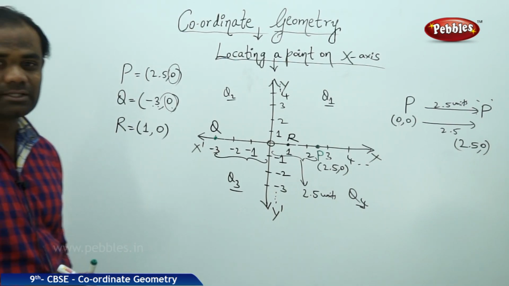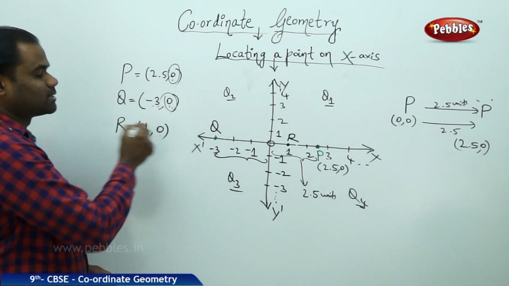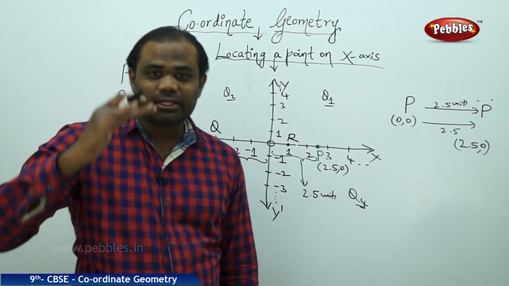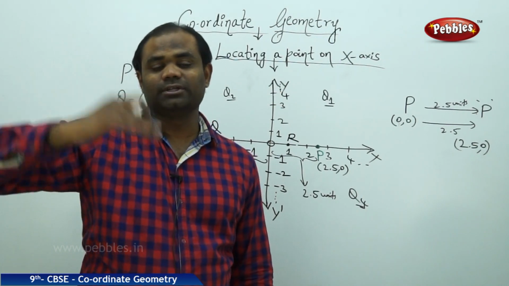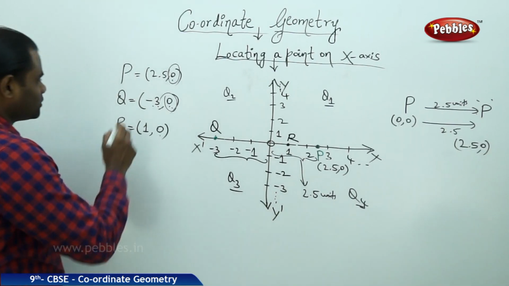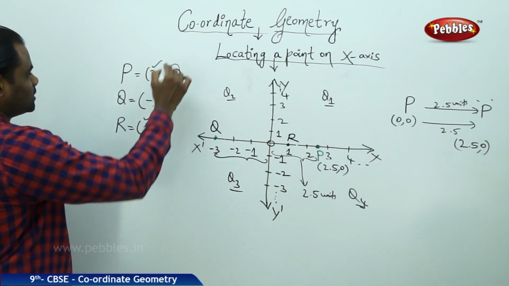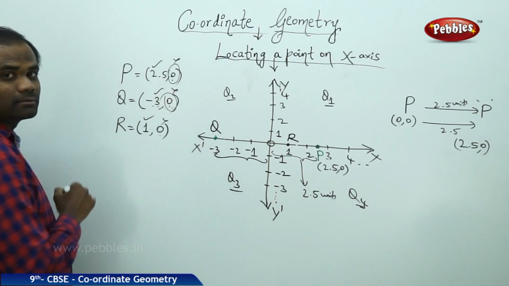We clearly see that each of the points has its y coordinate as 0, because for any point on the x-axis there's no change in y, but there's a change in x. So any point on the x-axis, there is a change in x, but no change in y.